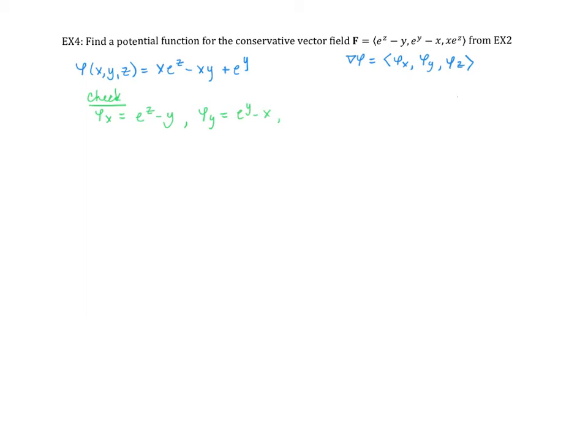The partial derivative with respect to z is going to be x e to the z. And that checks out. That's my vector field F. So this is my potential function.